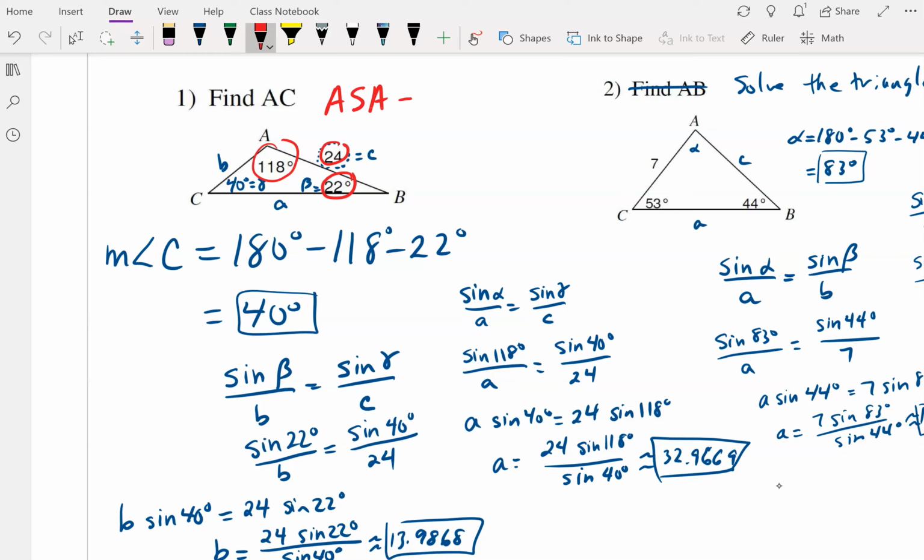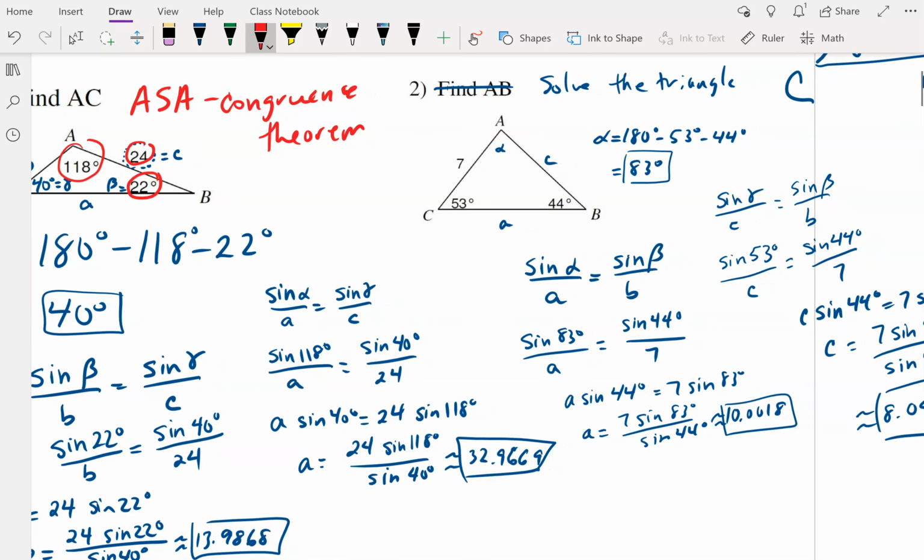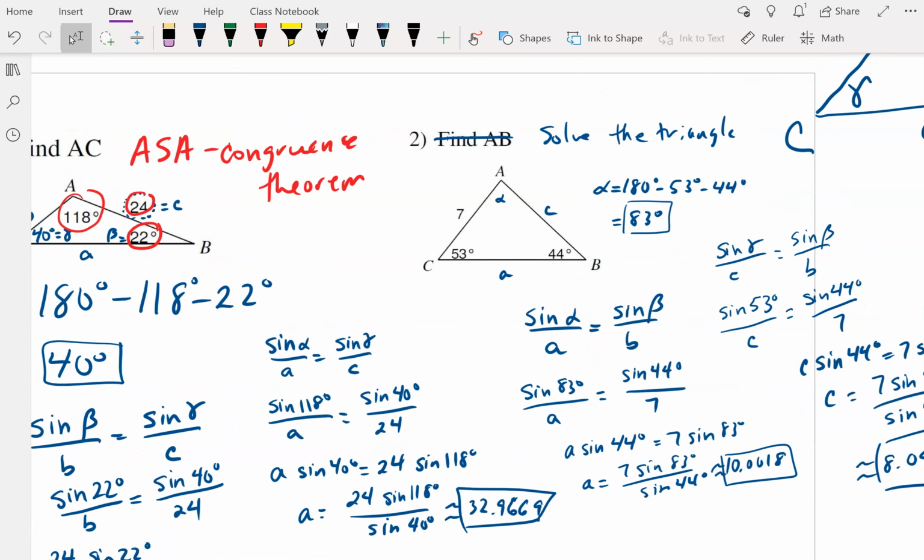That was a congruence theorem. So what this means is, if you think back from the geometry, once you know two angles and the side that's in between them, you know exactly what the triangle is. There's no possibility for anything else. It has to be that triangle. That's it.